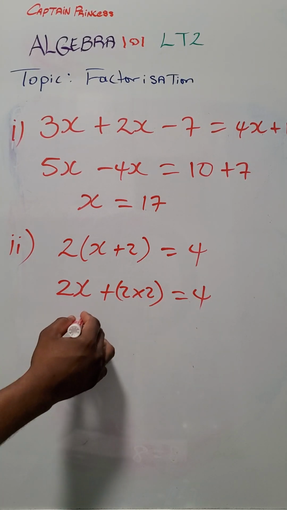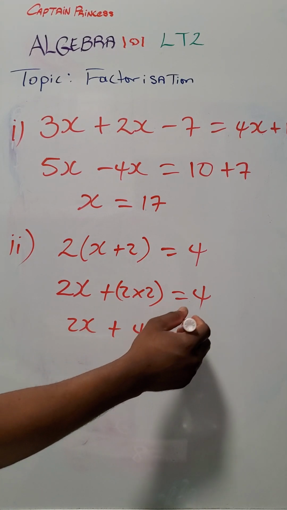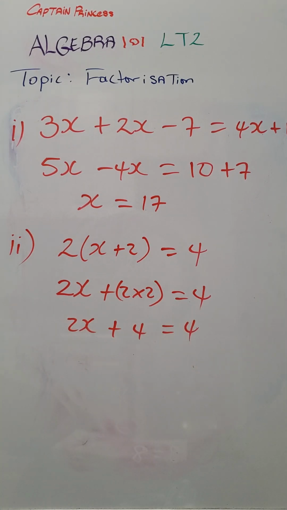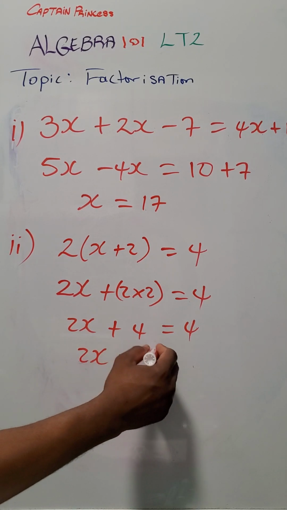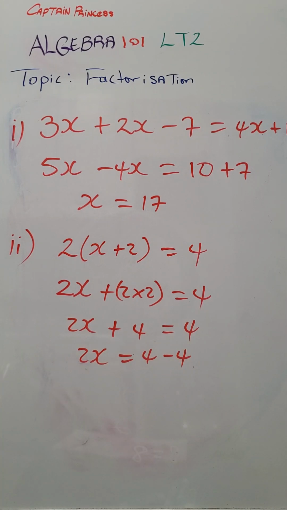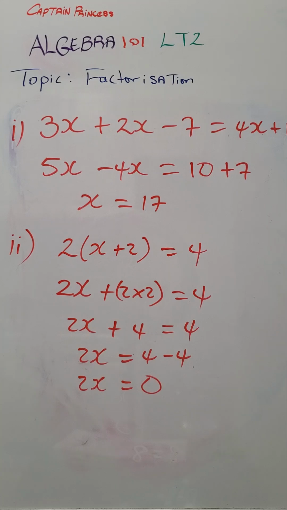So right there you have the 2x, plus 4 equal 4. Do you see the answer? You have 2x is equal to 4, take away 4. So 2x is equal to 0.